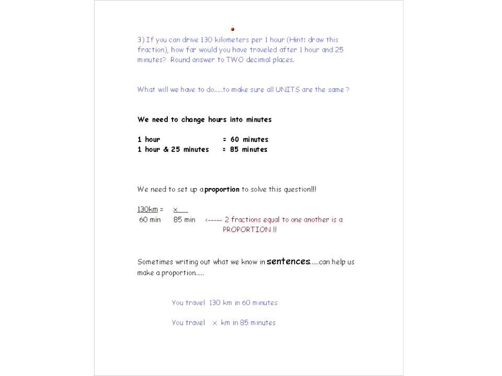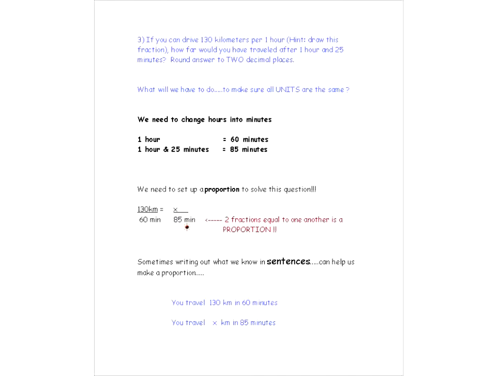Now if it's 130 kilometers per 60 minutes, and we're trying to find how far you travel after 1 hour and 25 minutes, since you don't know how far you travel, you make that into x, and you make the amount of time which you do know into 85 minutes. So now you have a proportion, and again, we can solve a proportion by cross-multiplying, right?